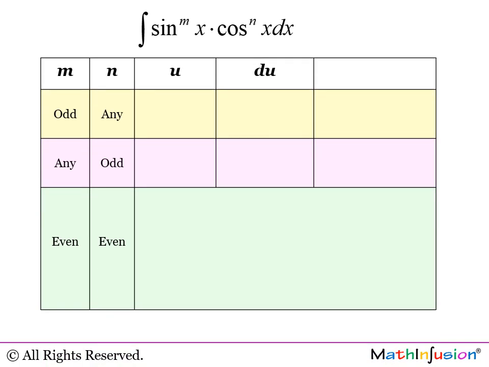If m is odd, then it's always a good idea to take the du to be negative sine x dx, because the leftover of the exponents of the sine x is now going to be even, which is always a good idea, because I can express this always as a function of the cosine, because also if this is the du, then the u is cosine x. And this is exactly the Pythagorean identity that I'm using.